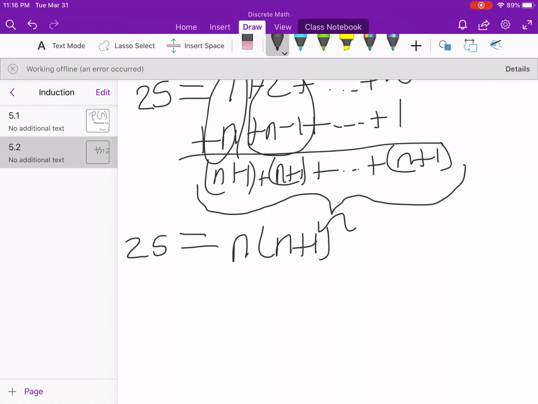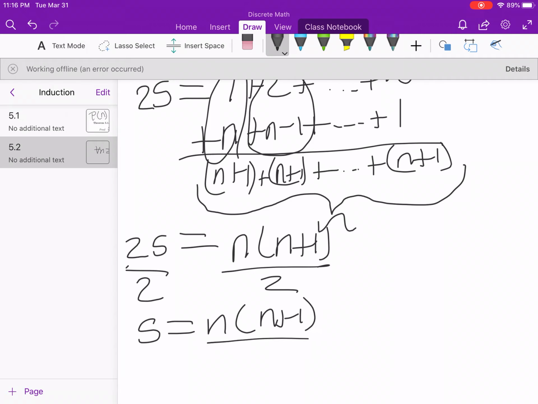So what's the value of S? Well, there's a 2 in front of it here, so I'm going to just divide. So the sum S is equal to n times n plus 1 over 2. So there was our non-induction detour.